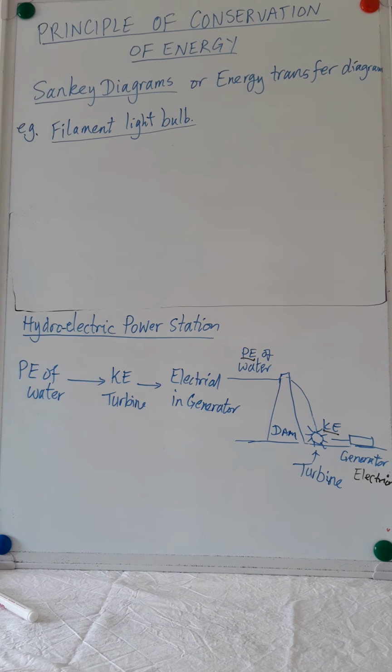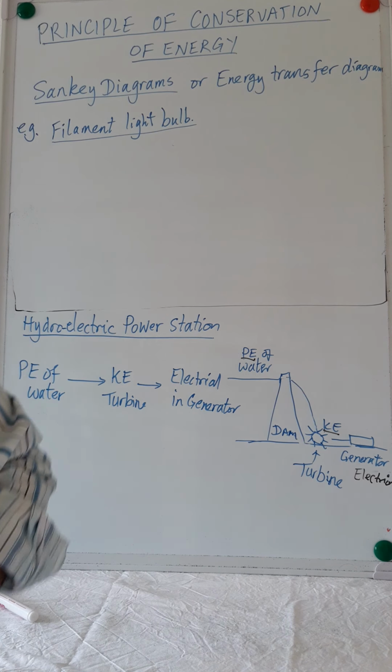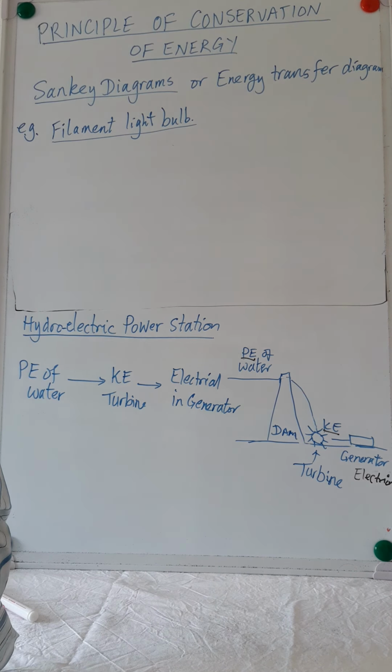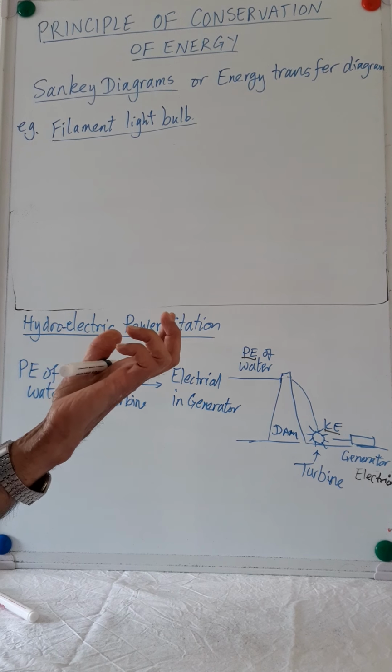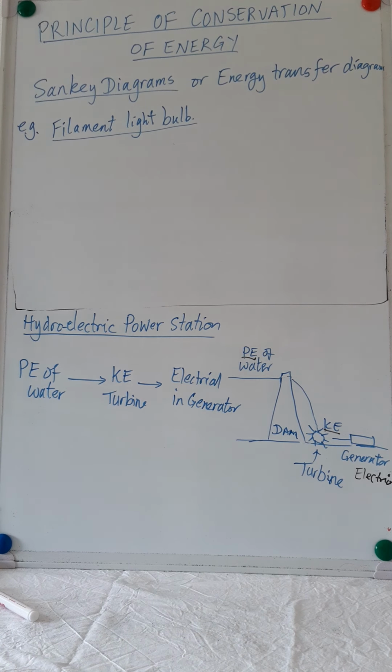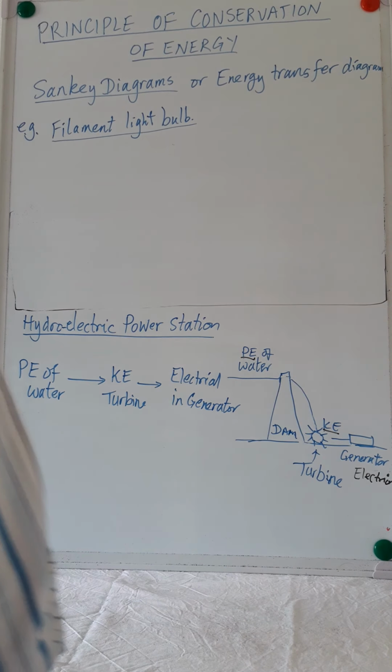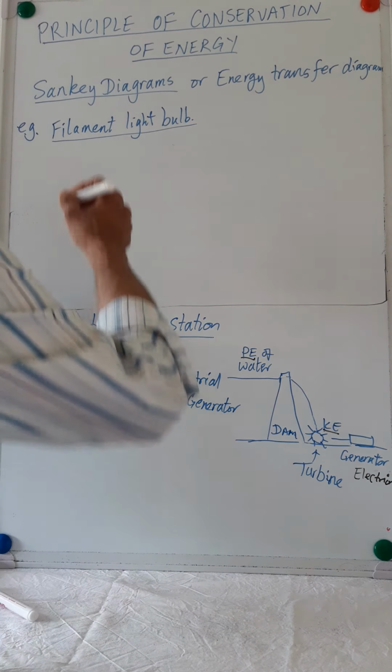The old light bulbs which have a lamp filament are really wasteful of energy, because first the filament gets hot, so most of the energy is wasted as heat. But the useful energy that we want from the light bulb is the light energy.